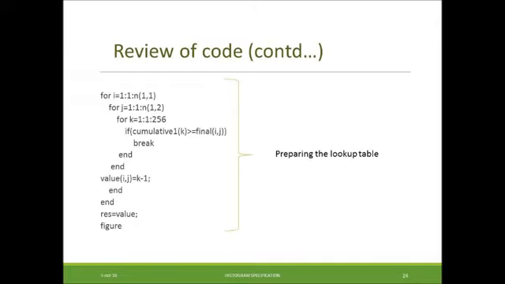Now the third step, which is crucial as we have already seen, is the preparation of the lookup table. For preparing the lookup table, we need 3 for loops. Instead of 8 levels, here we are using 256 levels. Hence, the value from capital HX to capital HZ is to be compared with all the 256 levels.